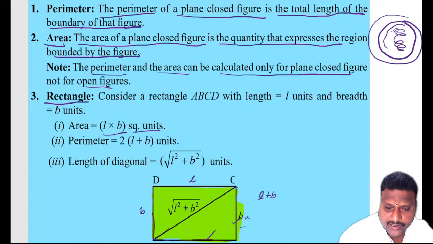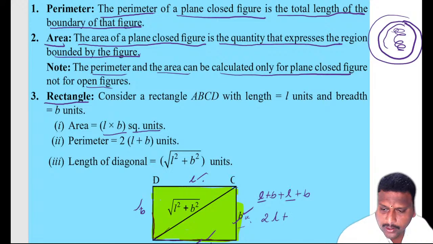If this is L, this is also L. If this is B, this is also B. So I have calculated L plus B plus L plus B. L plus L is 2L, B plus B is 2B.